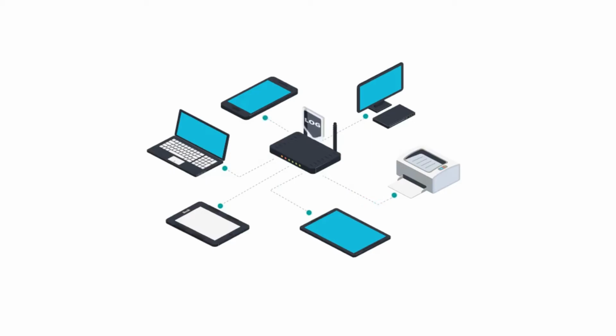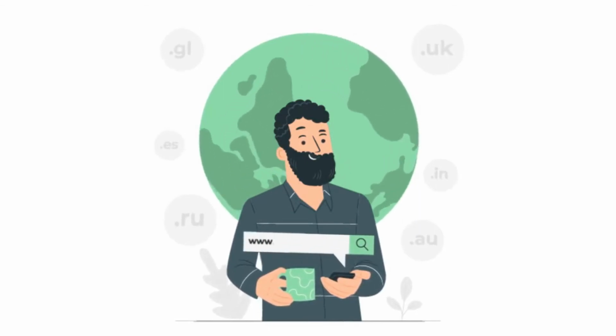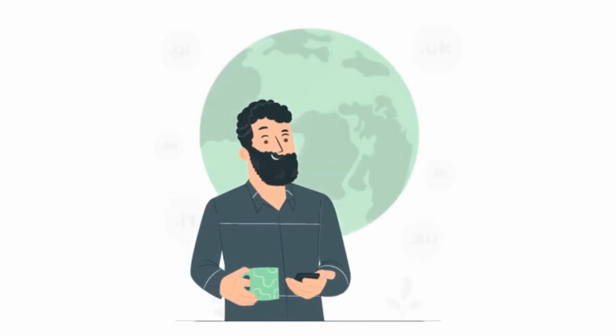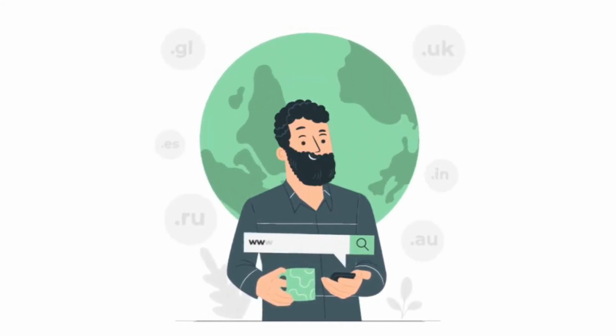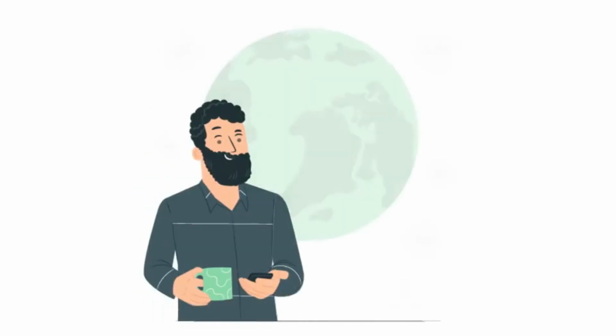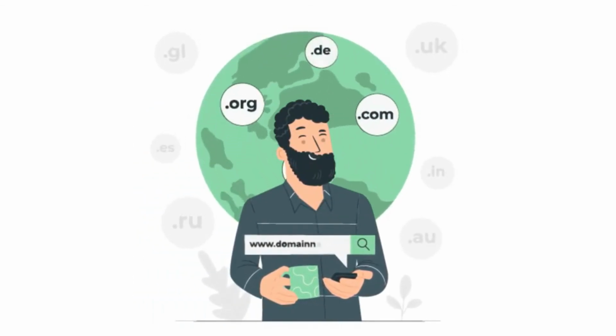So moving on with our terminologies, we have the domain name. A domain name is the address of a website on the World Wide Web. Like we have addresses for houses, so we have a domain name for websites. A domain name is a unique address or link to the location of a website on the World Wide Web.